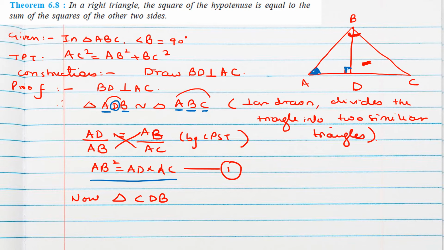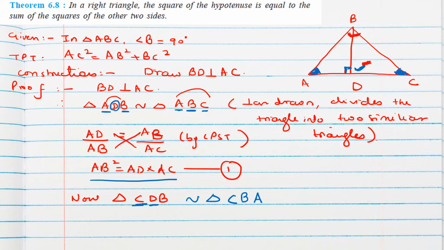Similarly here also I wrote CDB. C is the common angle of triangle BDC and ABC. Then after that I'll write this 90 degree, CD. So here also C I will write, then in triangle ABC, which is 90 degree, B angle. The last vertex which is remaining is A. So this way you have to write.